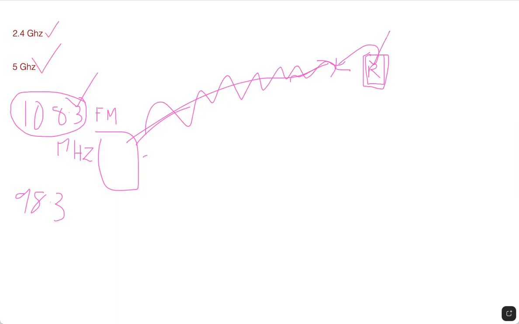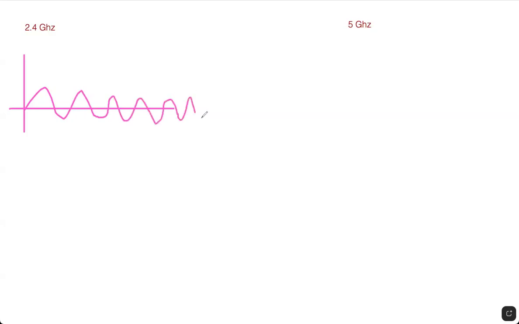Okay. So let's say the 2.4 gigahertz is going for the long distance. It can go a little longer.